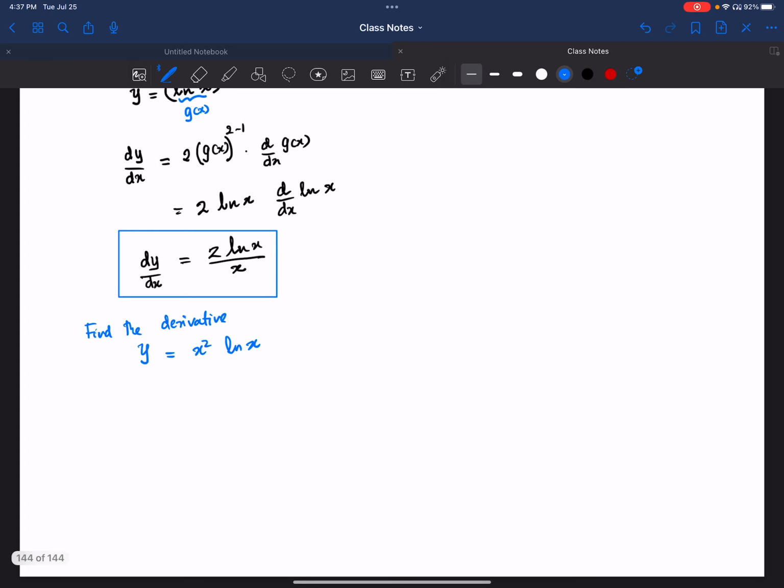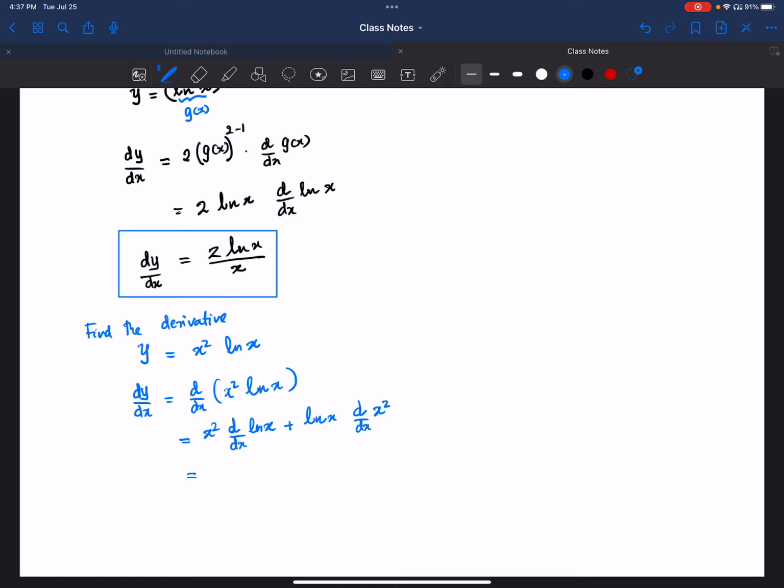We can write dy over dx equals d over dx of x squared natural log of x. And I can use the product rule again. x squared taken out, and then you find the derivative of natural log of x, plus natural log of x taken out, and then you find the derivative of x squared.